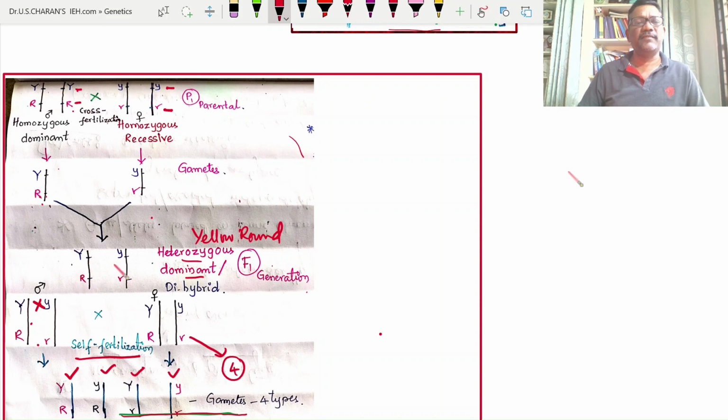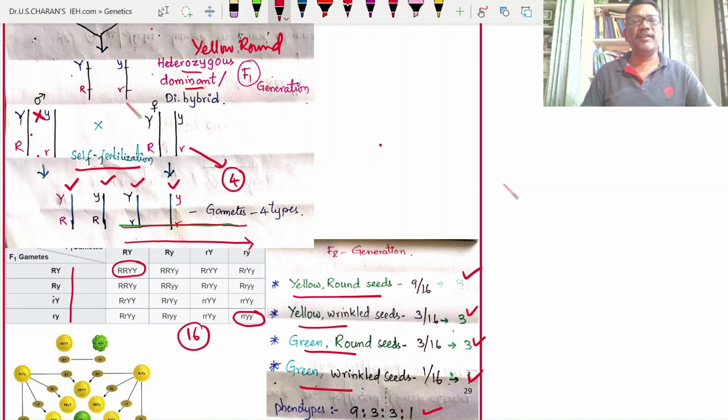Dominant genes are located on one chromosome, recessive genes are located on another chromosome. This is the F1 heterozygous dominant progeny, because the recessive characters are suppressed by these dominant alleles. At this time, Mendel had one question: where are the recessive characters, green and wrinkled seeds?